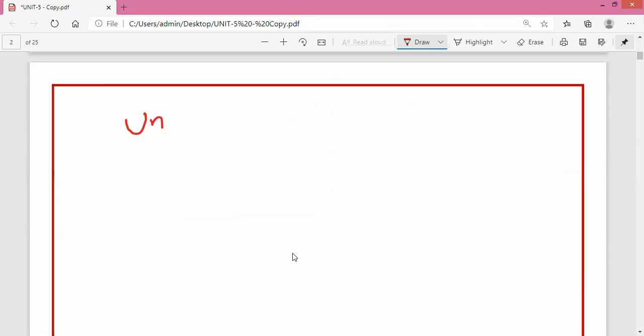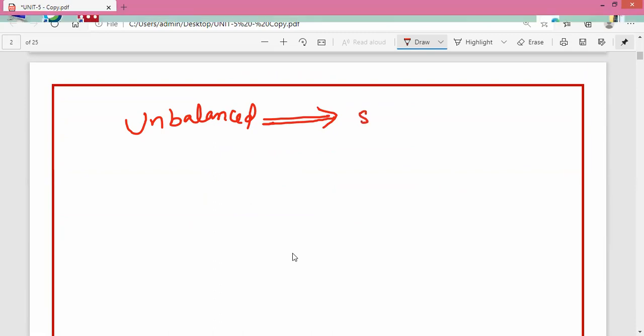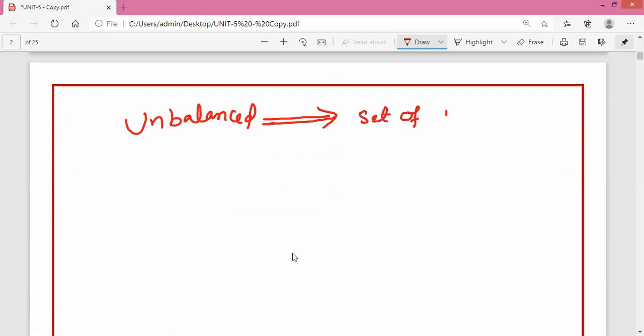The unbalanced parameters, because of the fault existing, are going to be replaced with a set of balanced components. These are called symmetrical components.